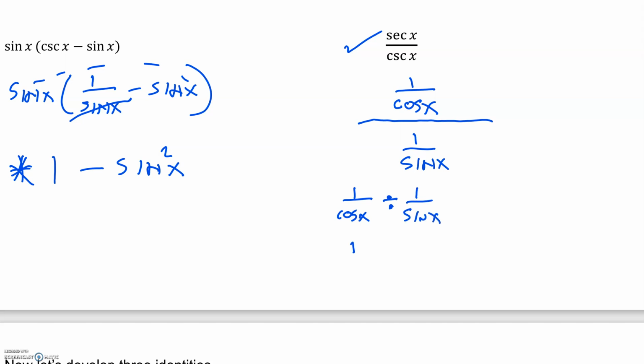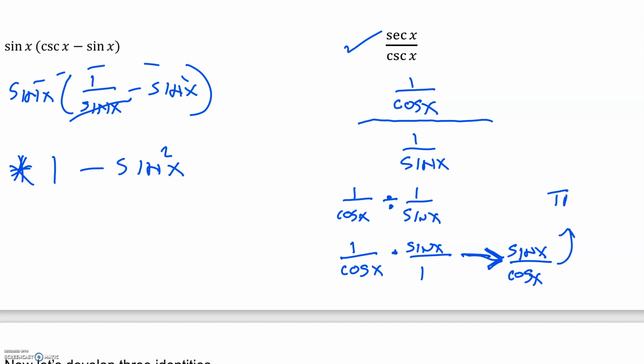And when we're dividing fractions, it's really the same thing as multiplying by the reciprocal. Now notice I'm not using an equal sign, I'm using an arrow saying, here's our next step. There's no equal signs in these questions, so please don't put them in. These are expressions. When I multiply through, I get sine of x over cosine of x, which is tangent of x.